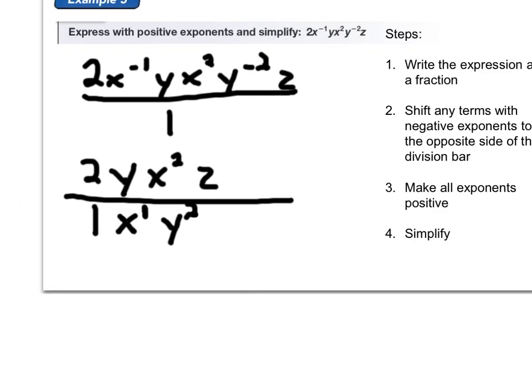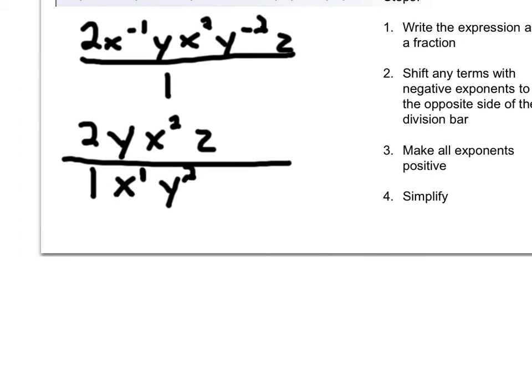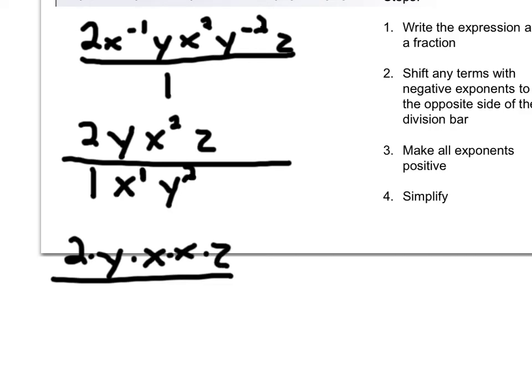Well, I'm going to go ahead and write this all out here just to see what it looks like. So on top, I've got 2 times y, and then I've got 2 x's, and I've got a z. On the bottom, I've got a 1 times 1x and 2 y's. So I can cross out anything that's the same on top and bottom. So I can cross out one set of x's and one set of y's.